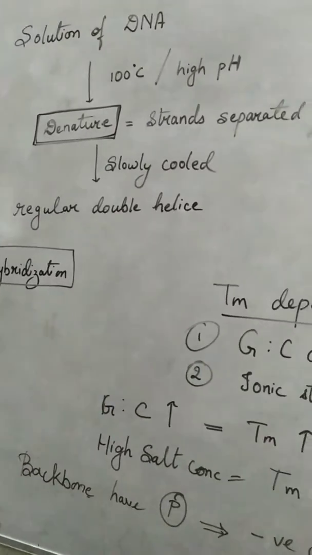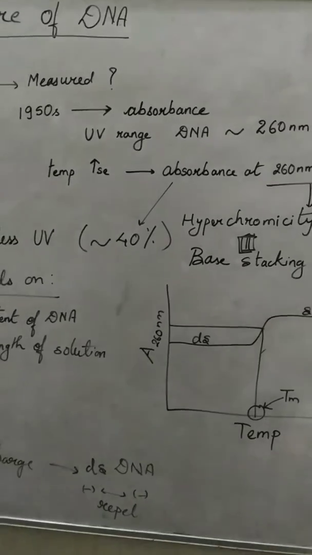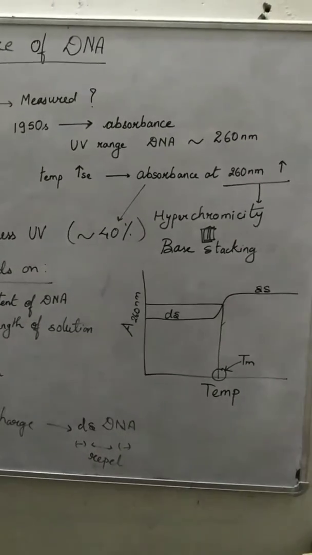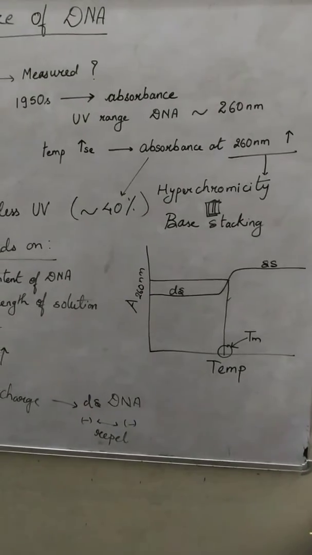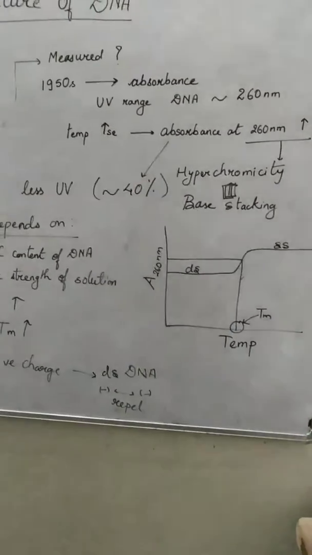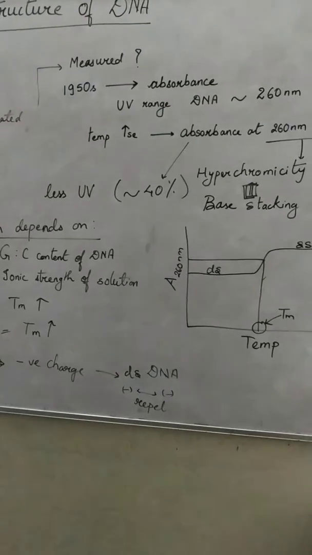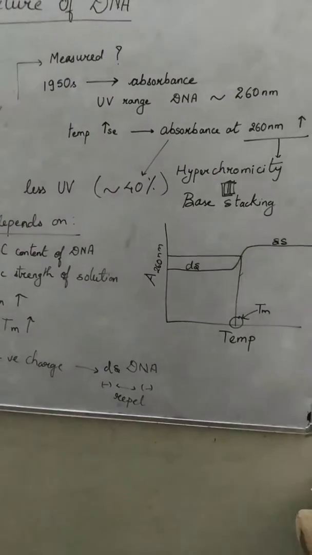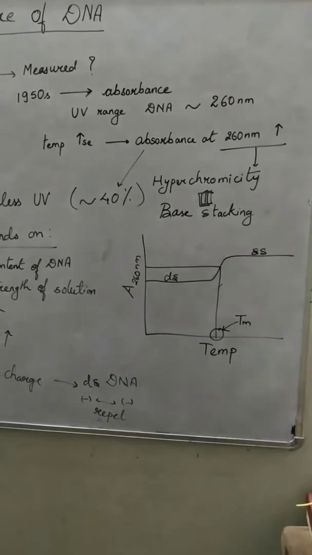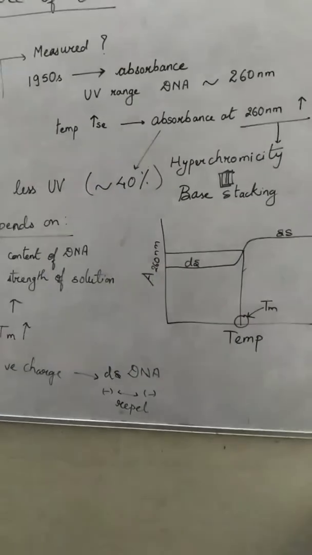Now how can this denaturation be measured? In 1950, it was measured by taking the absorbance. Now, how does this absorbance work? In the UV range, the DNA absorbs maximally at 260 nanometer.